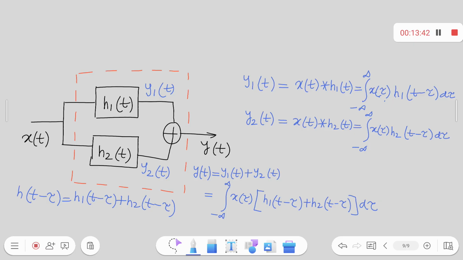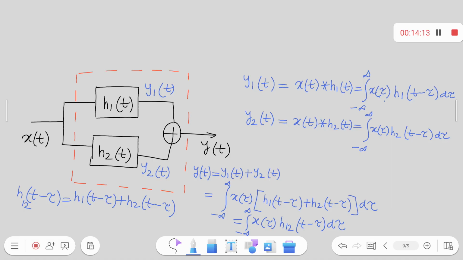So then I can write this as minus to plus infinity x of tau h12 of t minus tau d tau. So what is this h12 of t minus tau? This is h1 of t minus tau plus h2 of t minus tau.